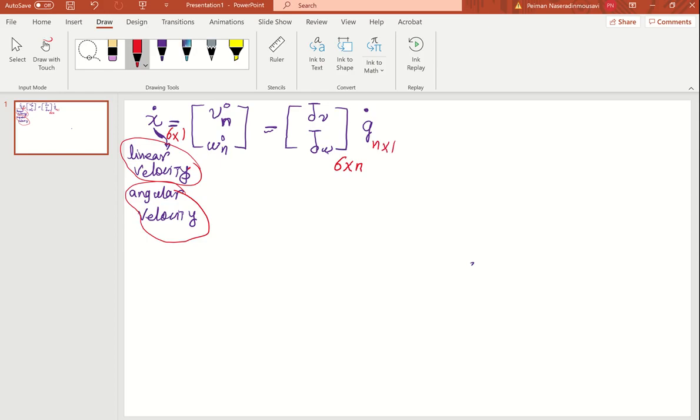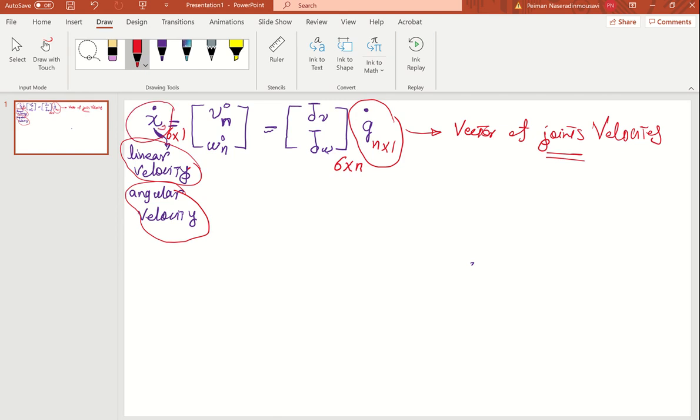These are the velocities of the joints, the vector of joint velocities, and this is the end effector linear and angular velocity.